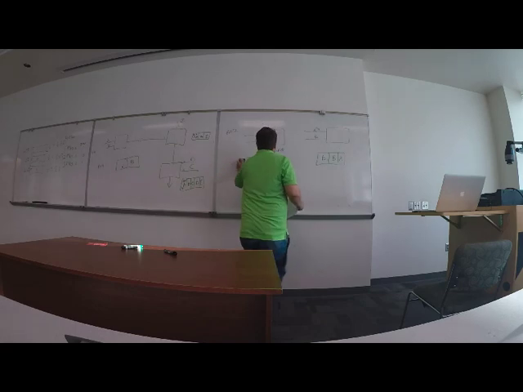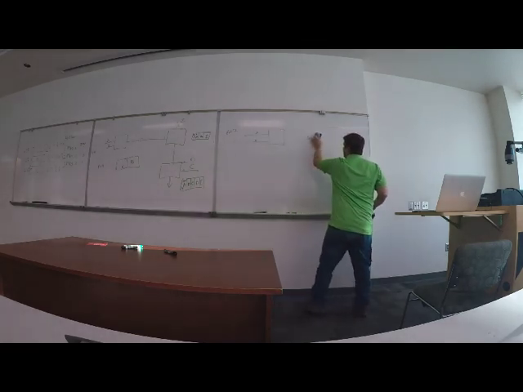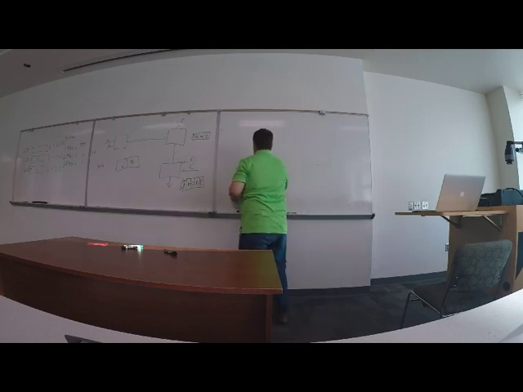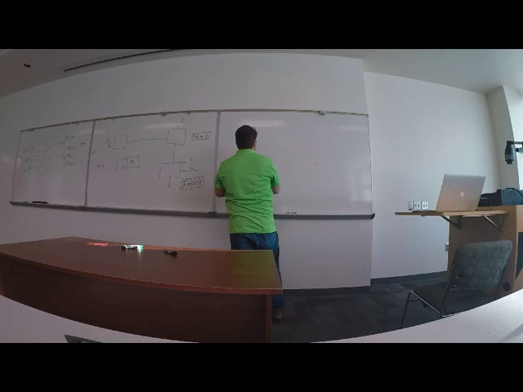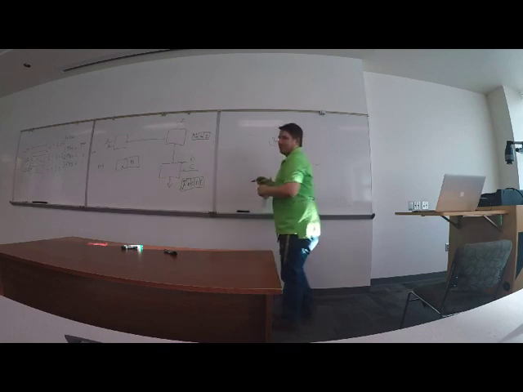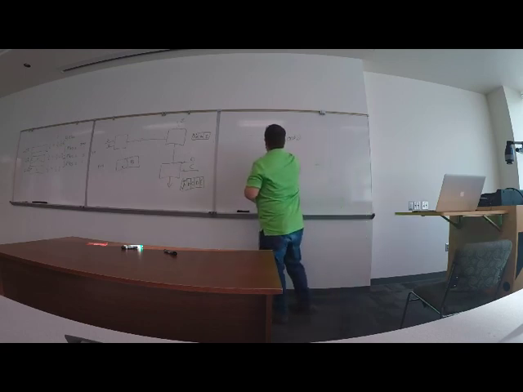Take 32 minus the subnet mask, raise it to the power of 2. So it is 32 minus the CIDR, and then 2 to that power, right?